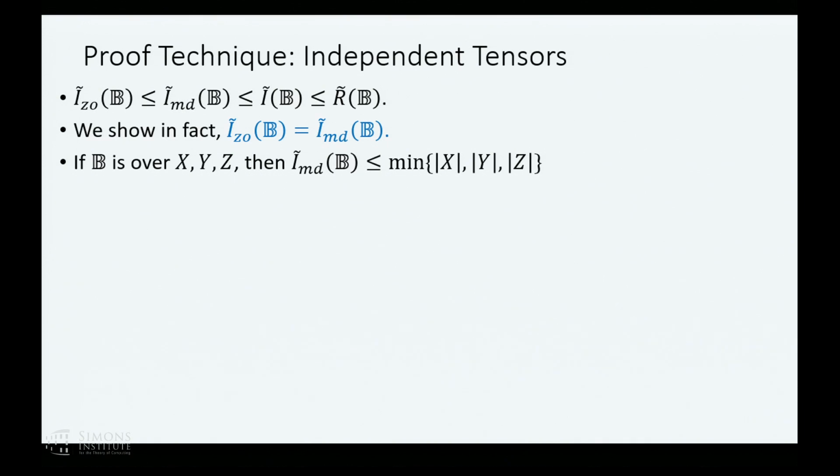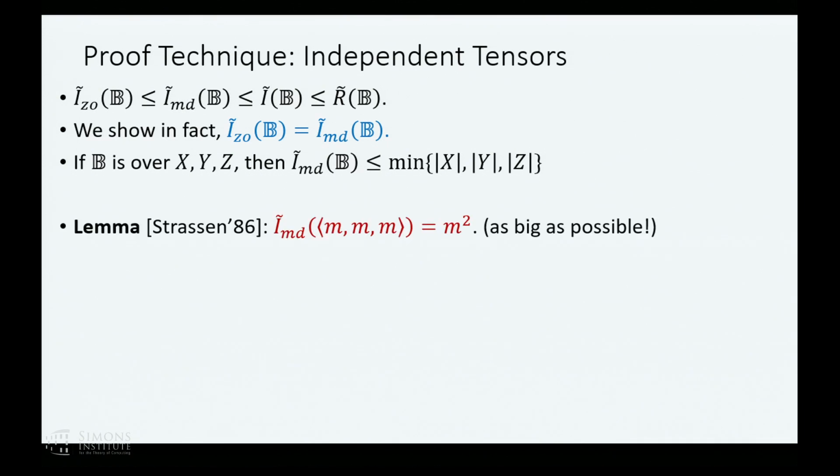Okay, so why are we interested in this? Well, there's a really nice result that Strassen actually proved in the 80s that, if you rewrite it in our notation, says that the matrix multiplication tensor has its monomial degeneration subrank as big as possible. So remember the m by m matrix mult tensor has m squared x variables, m squared y variables, and m squared z variables.